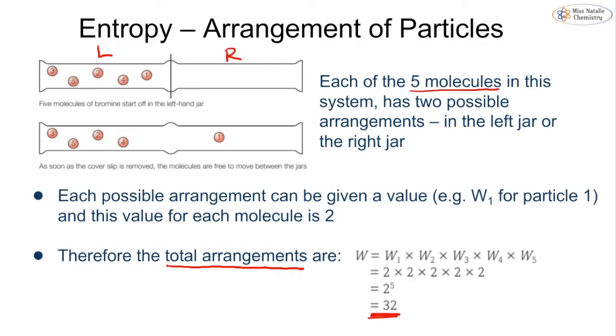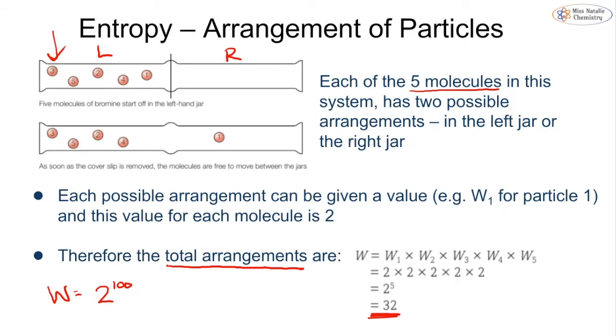Now we're only talking about 5 particles here with 32 possible arrangements, and only one of these arrangements is going to be this first one where all of the particles are on the same side of the jar. Okay, if we then increase the number of particles, let's say up to 100, this W value becomes 2 to the power of 100.